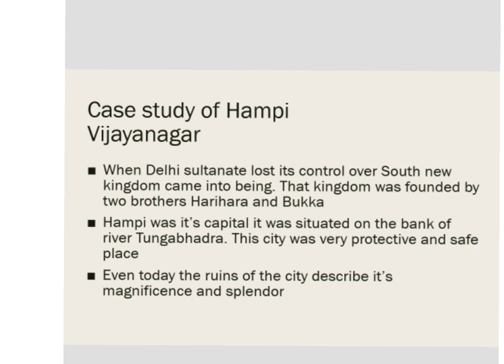Hampi was its capital. As I told you earlier, Vijayanagar was a kingdom and Hampi was its capital. It was situated on the bank of the river Tungabhadra. The city was a very protective and safe place, because a Persian traveler, Abdul Razak, described it as the most protected and beautifully situated city which the eye had never seen.